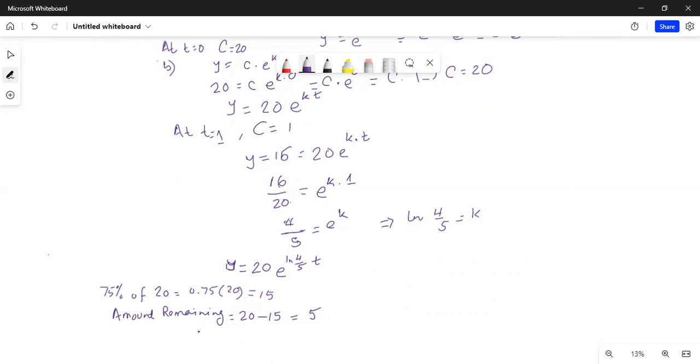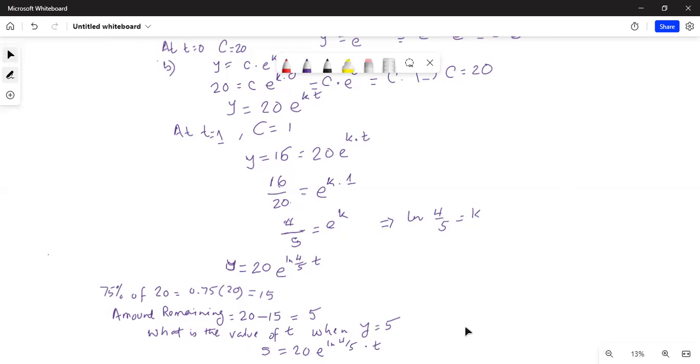Okay. So we know this is the value of y. Question is, what is the value of t when y is equal to 5? So let's plug this information into the equation for y. 5 is equal to 20 e to the power of ln 4 over 5 times t.